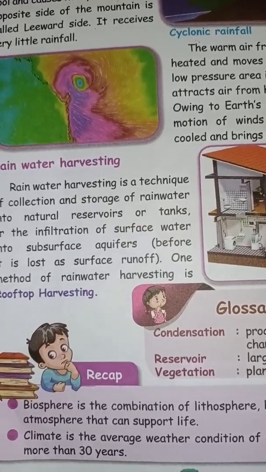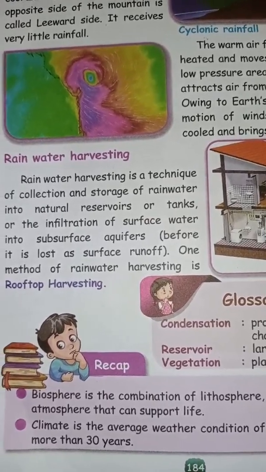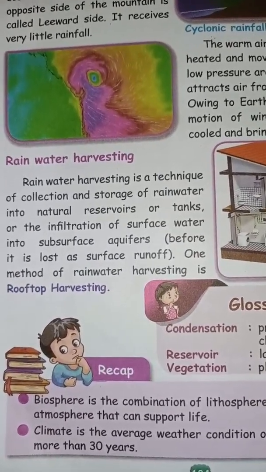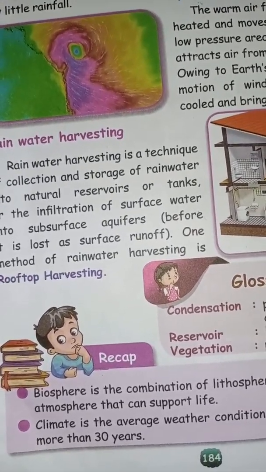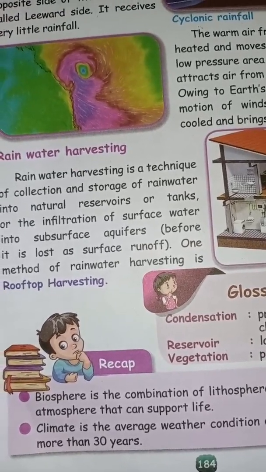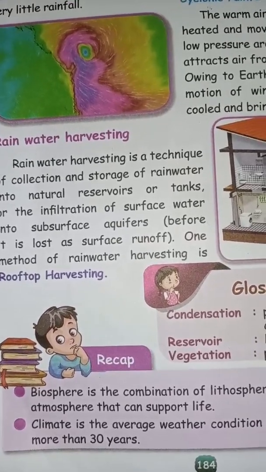Rainwater can be reused in gardening, for livestock, for irrigation and also for domestic use and so on.